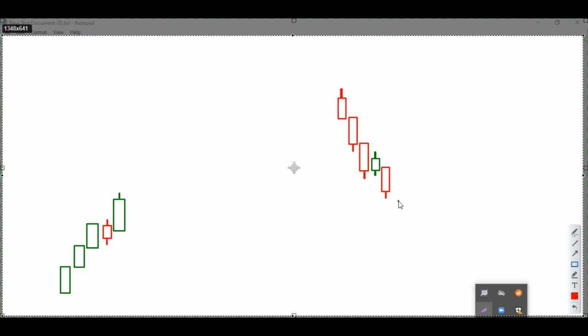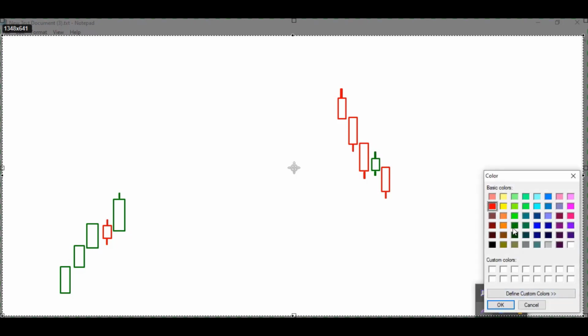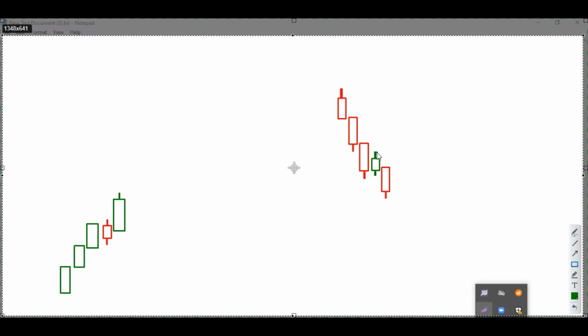There is one condition here. These wicks or this candle body can't cross the opening price of the bearish candle. I'm showing it here like this one. So it's not valid.